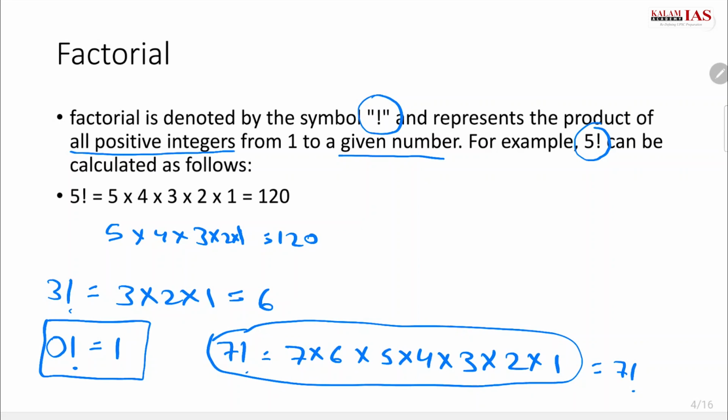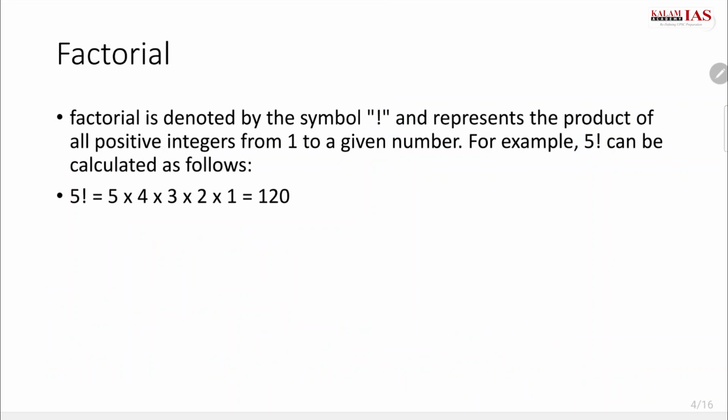I hope the concept of factorial, what is permutation and what is combination is clear. How to apply them in formulas we will see in the next few slides. As we solve questions, this concept will become much clearer, and you will realize this is such a simple and interesting topic which will help you get much more marks than you would get without preparing this topic.